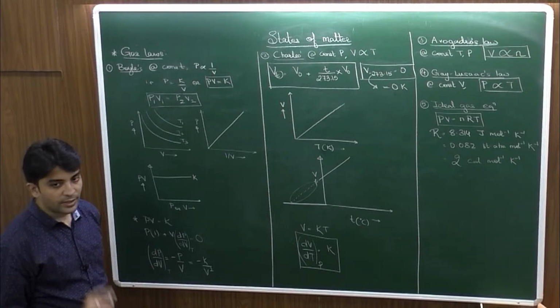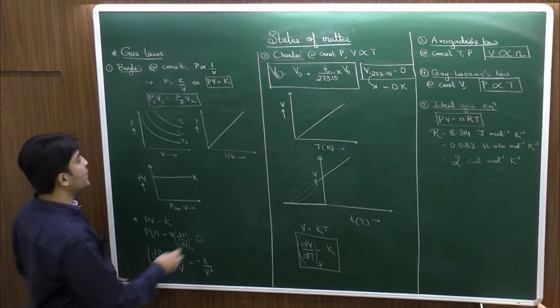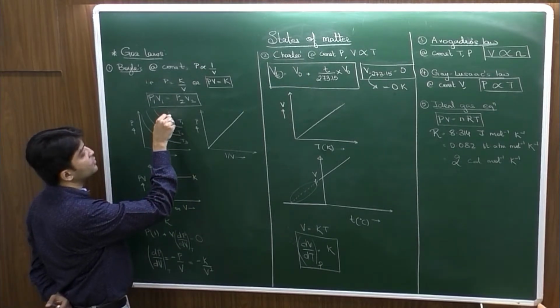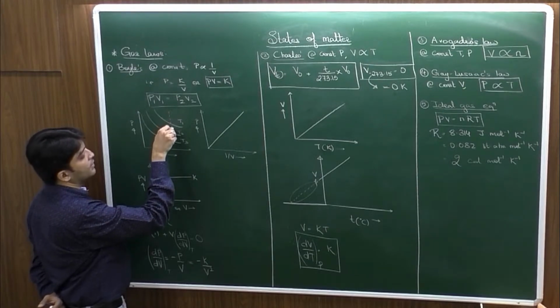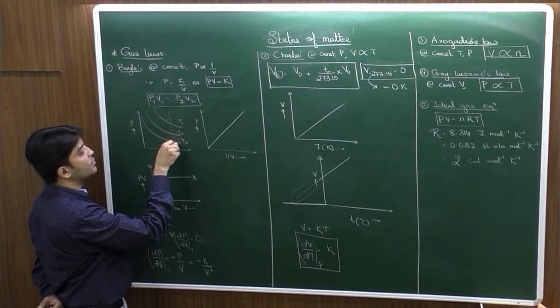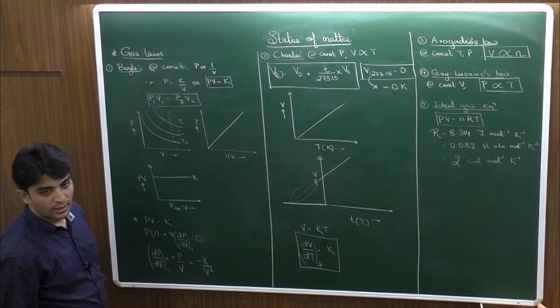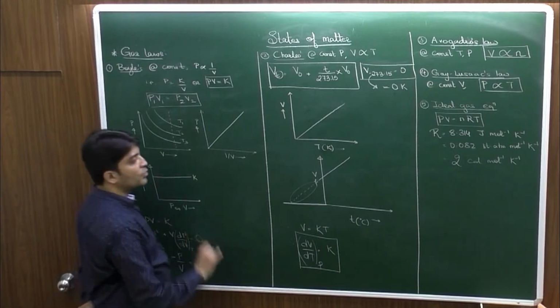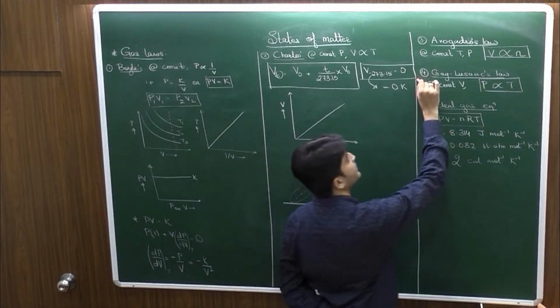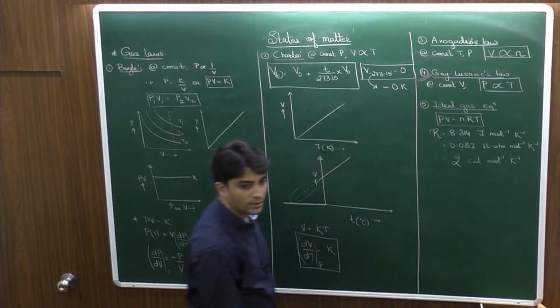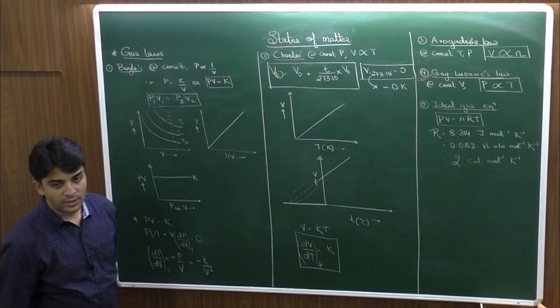Now there is a shortcut, listen carefully. First, draw a vertical line parallel to the y-axis. The moment I draw the vertical line parallel to the y-axis, I have kept the volume constant. Basically I am changing this to the Gay-Lussac's law condition.